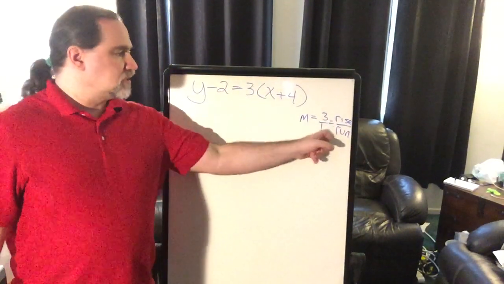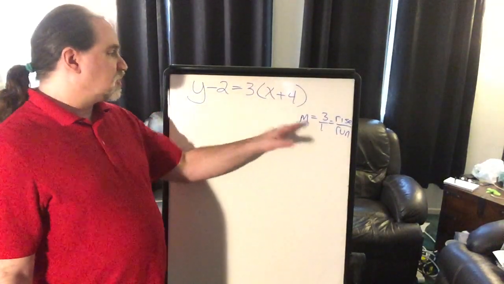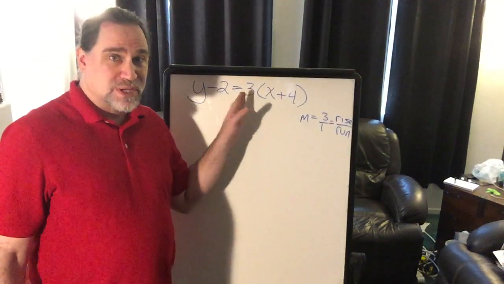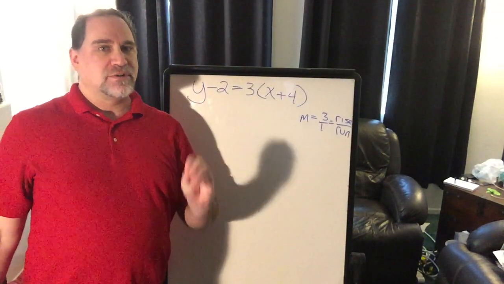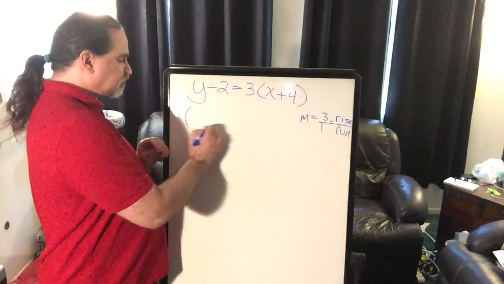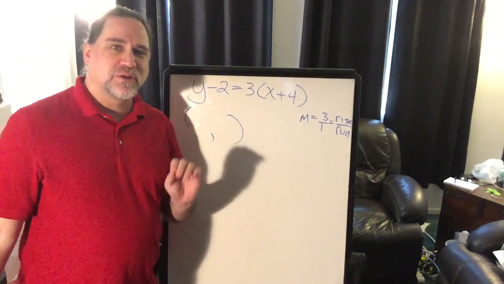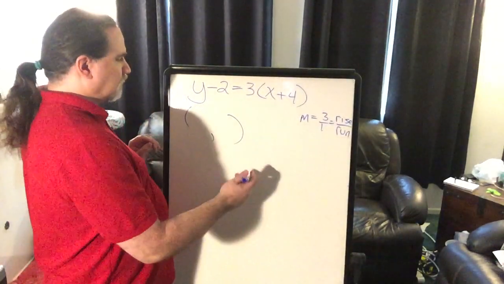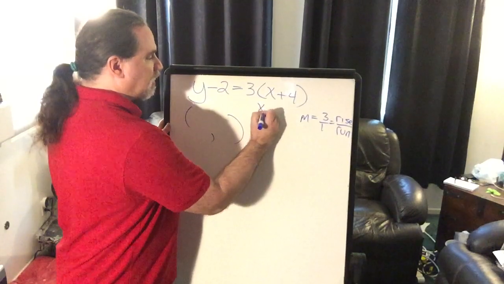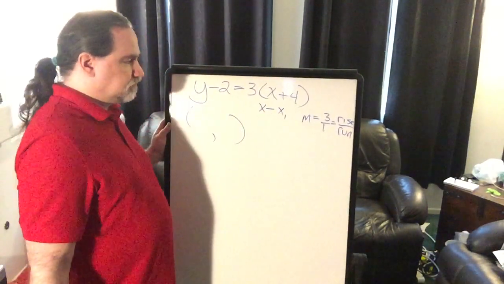So that number is my slope. That was pretty straightforward. It's called point-slope form for a reason. Slope is m. That's where the m goes in the equation. The hard part about this one is understanding the point. So the point is, again, always going to be an x and a y, but here's what you got to remember. The original problem was x minus x1.